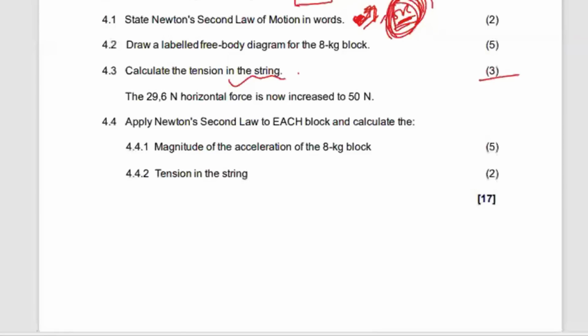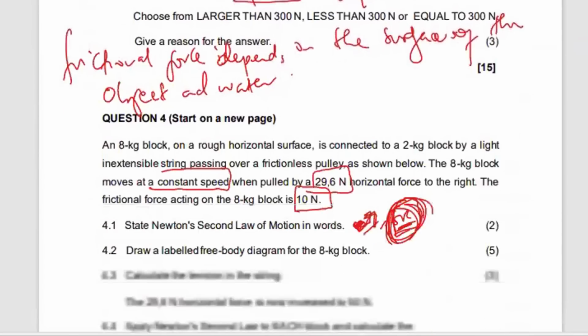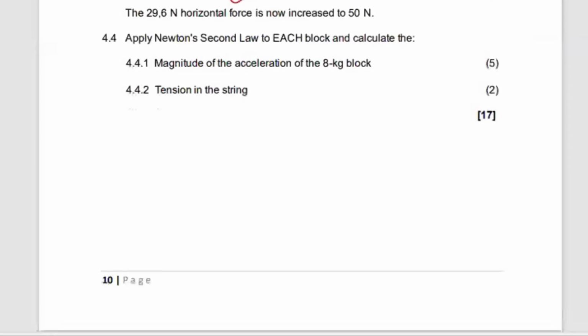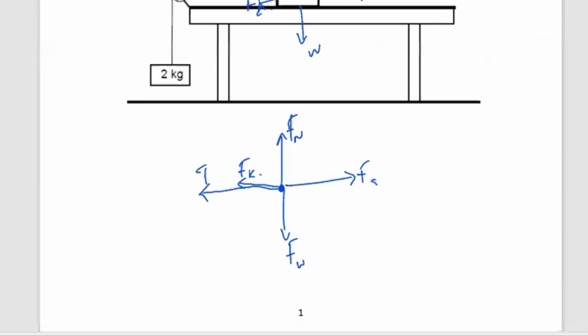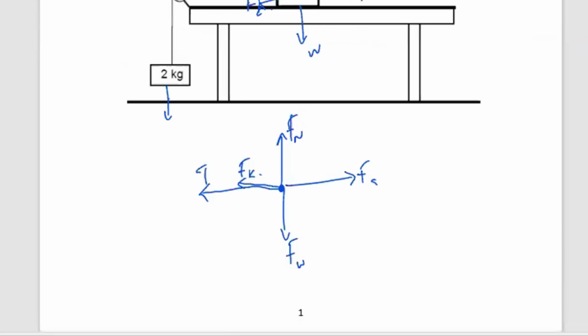We're still basing on the fact that the body is moving at a constant speed. It's 3 marks. So F net is equal to ma, and for constant speed, that's going to be 0.